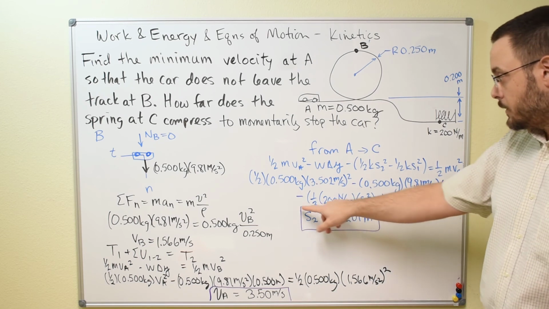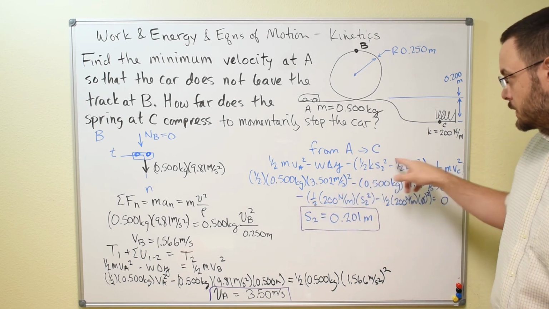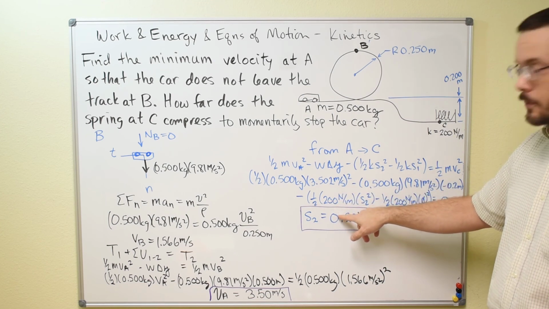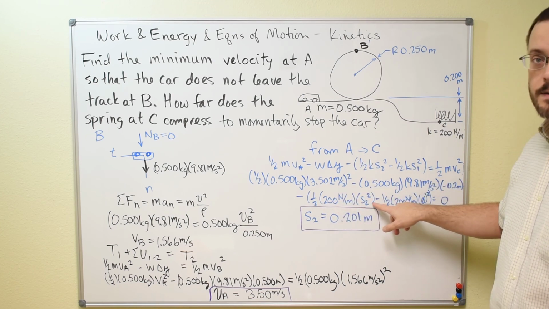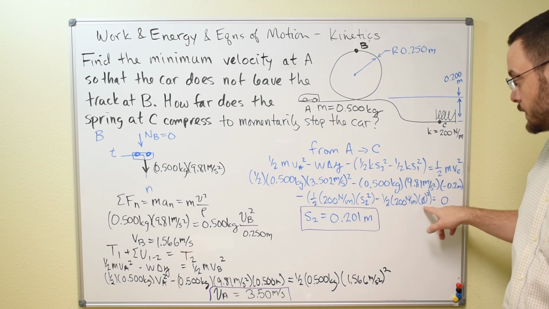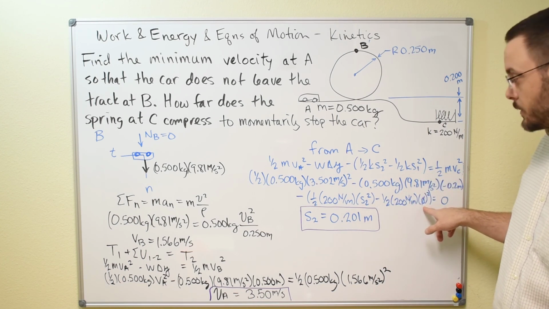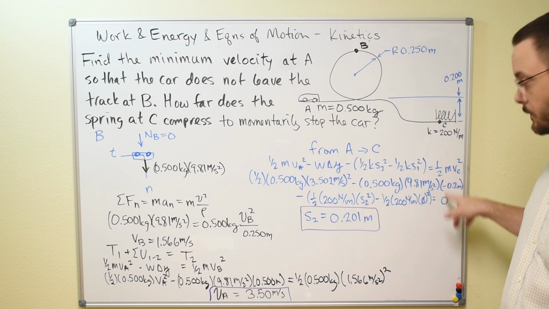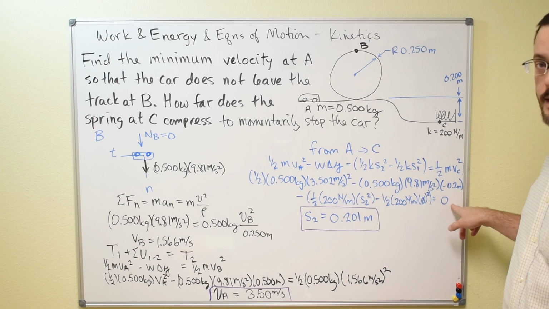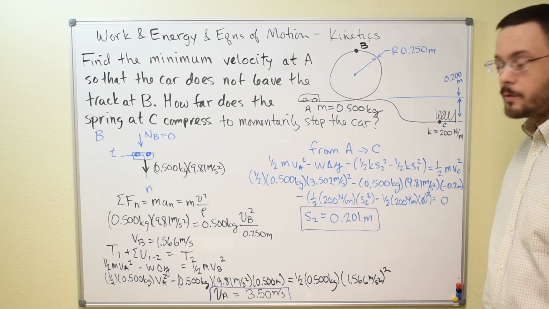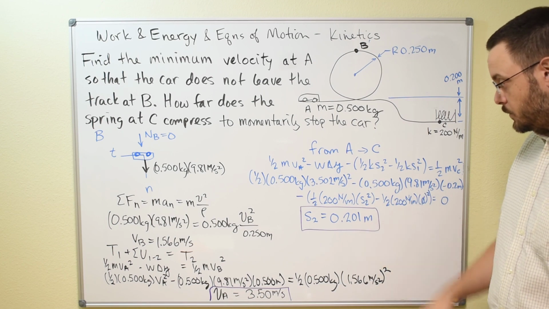And then we'll plug in the minus 1/2, so this term here, 1/2 the spring constant, 200 Newton per meter, times the S2 squared. The initial stretch in the spring was 0, so that second part is 0. And then the final kinetic energy is 0 because the car has stopped. And we can solve for S2. Again, don't forget to take your square root, and you'll get S2 is 0.201 meters.